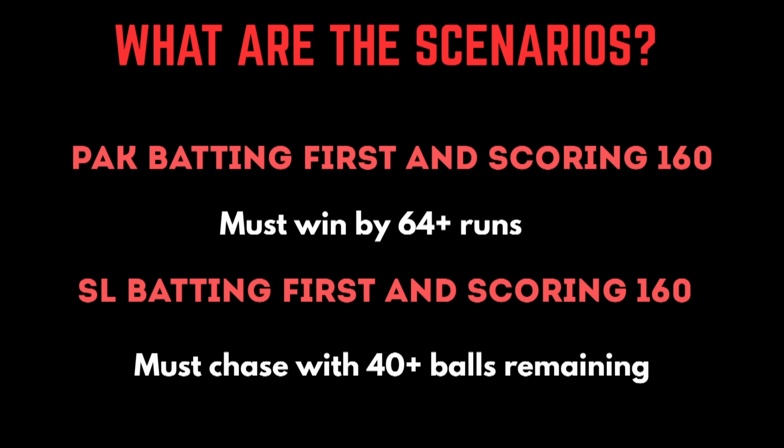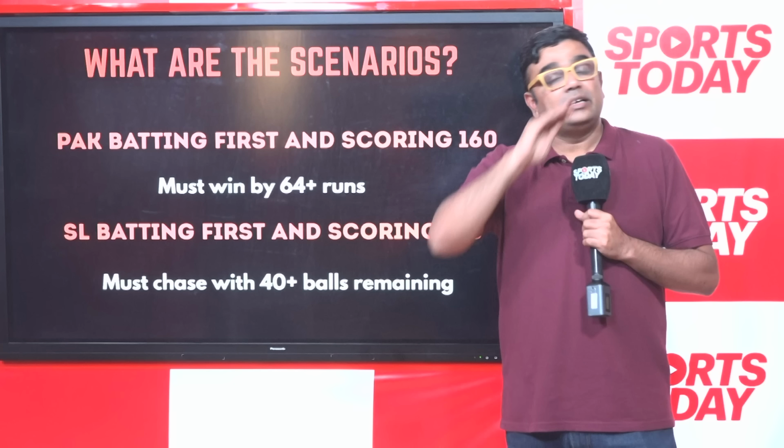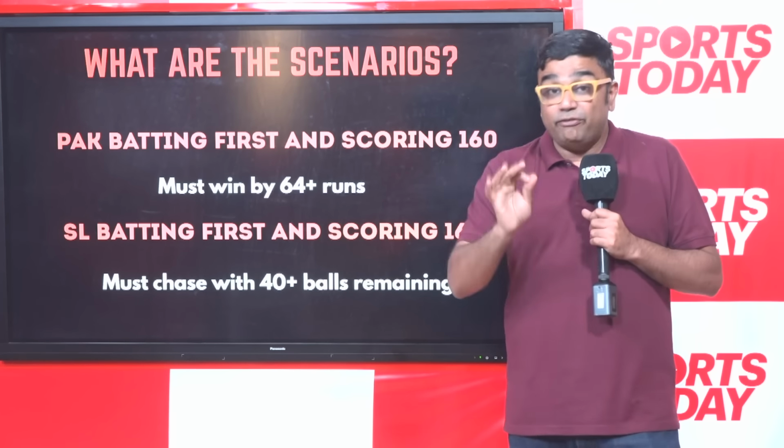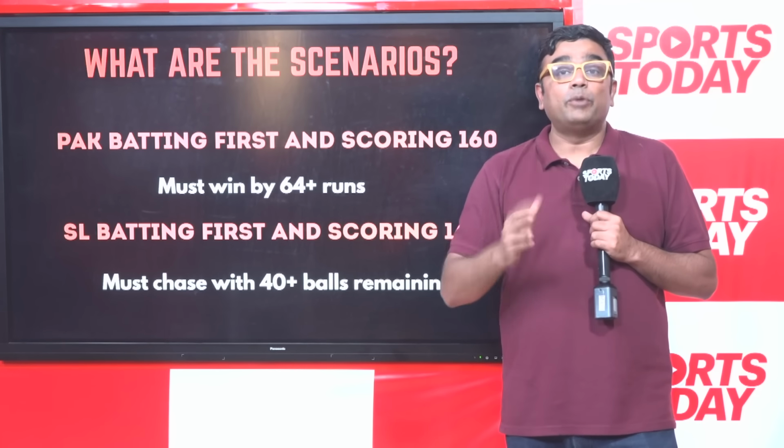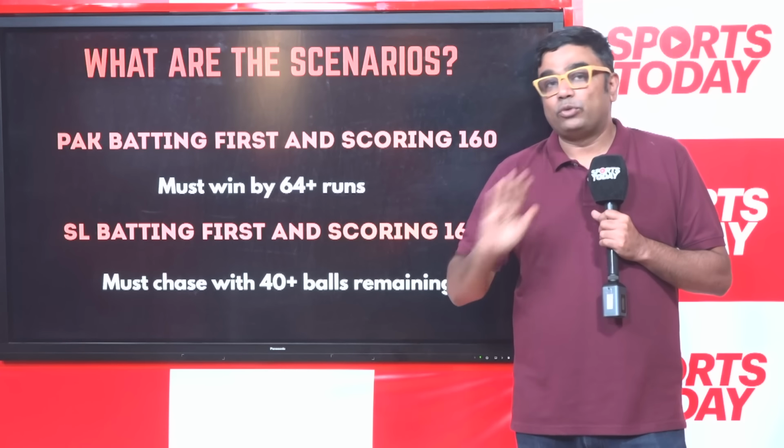But the second situation, what if Sri Lanka bat first and they score 160? Then the other basic equation is Pakistan must chase with 40 plus balls remaining, meaning 13.2 overs is the cutoff. If you are chasing, 13.2 is the target you have to get by in.